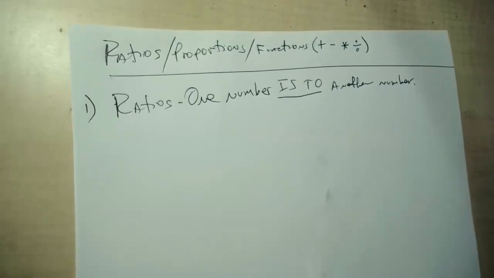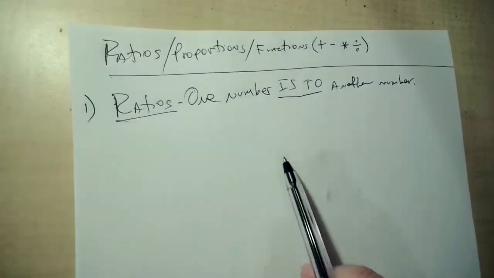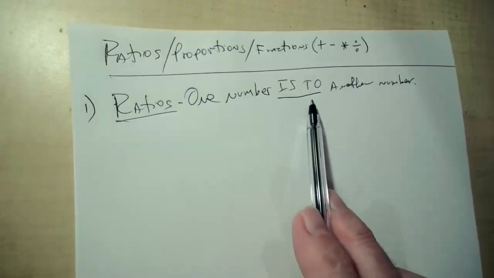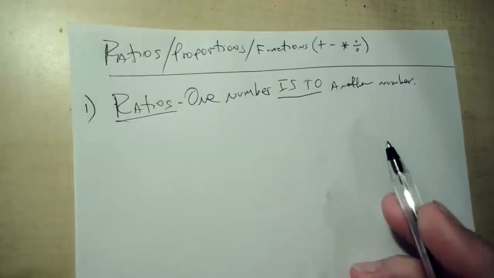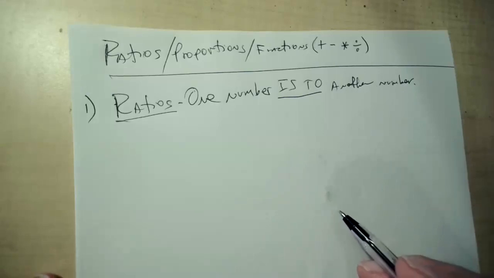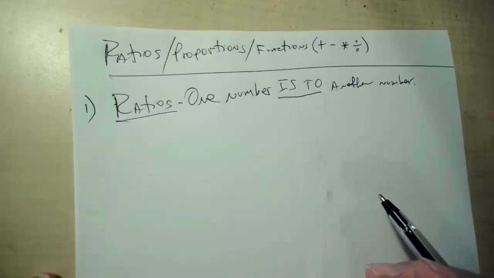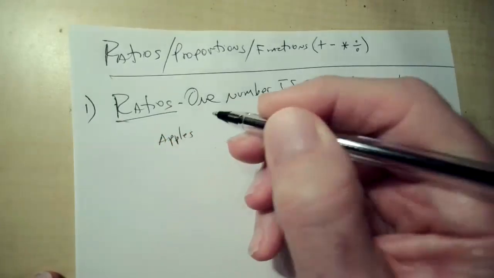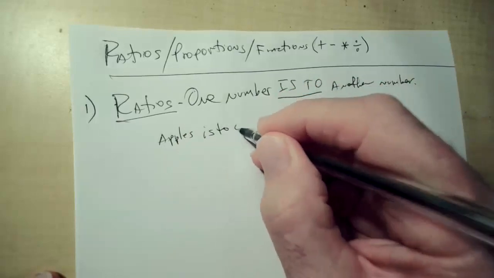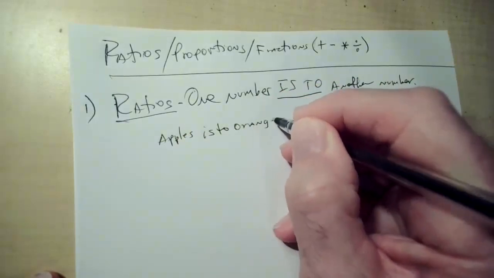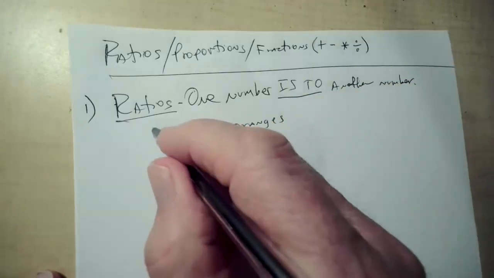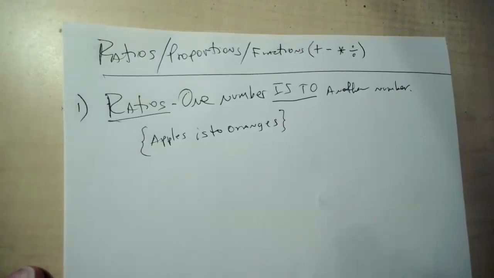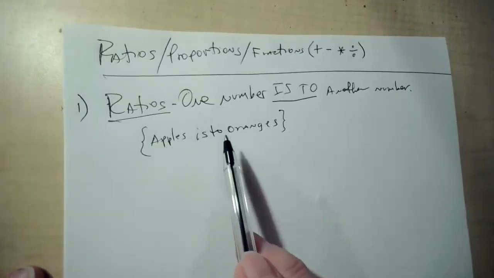First of all, a ratio is one number, or it could be a word of some kind, is to another number. For instance, if you have apples to oranges, and you want to know the ratio, it's apples is to oranges.